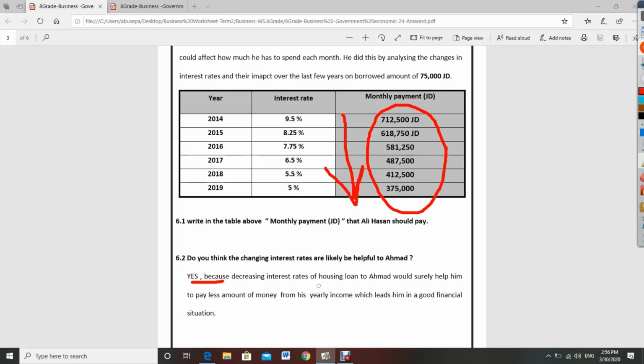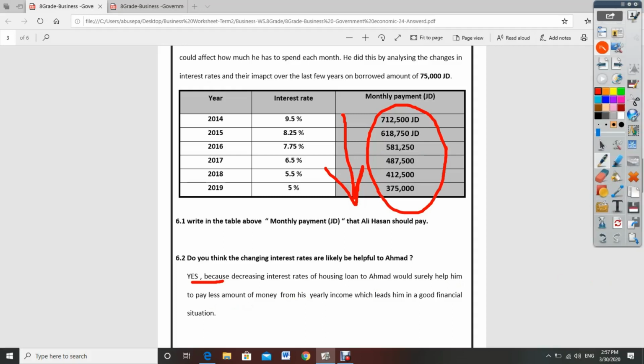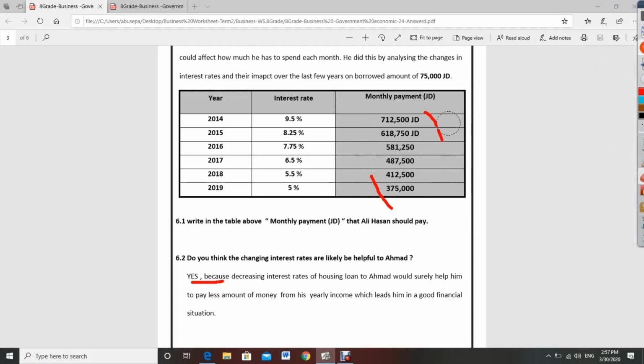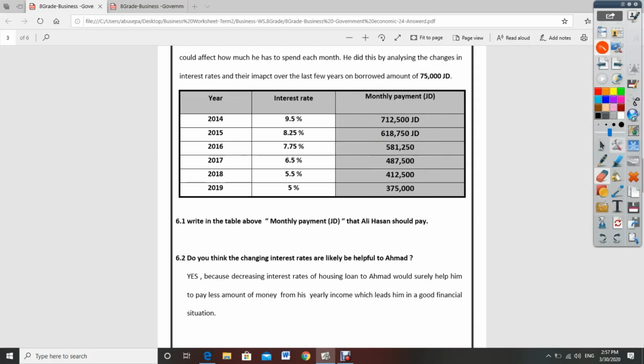Because decreasing interest rate of housing loan to Ahmed will surely help him to pay less amount of money from his yearly income, which leads him to a good financial situation. So it's very helpful, guys. Okay, let's go to the other question.